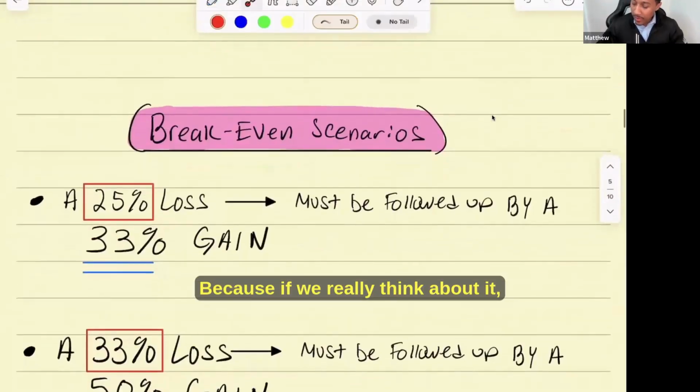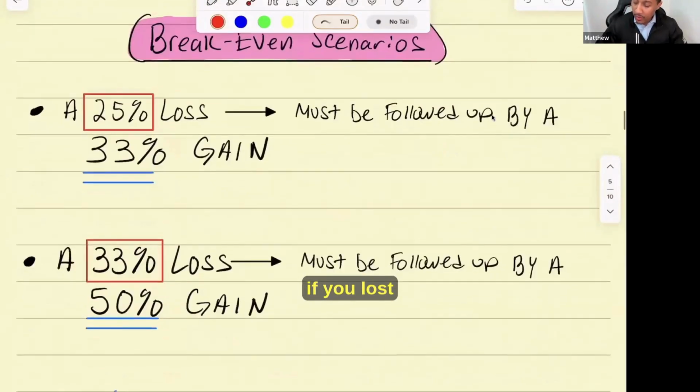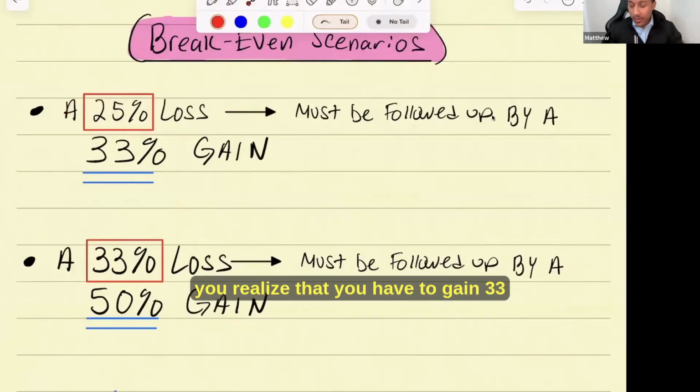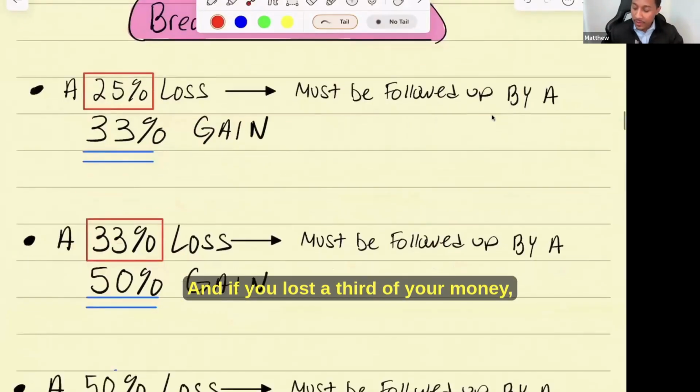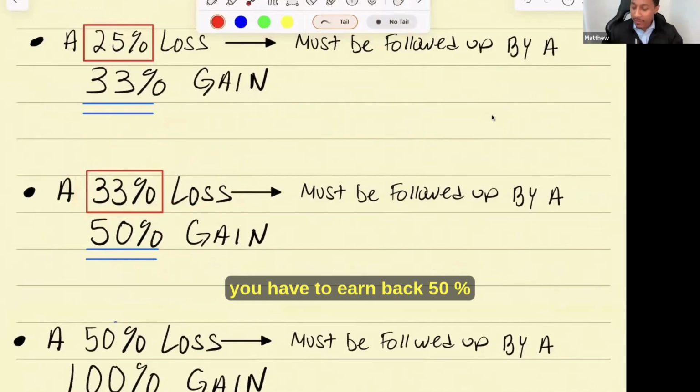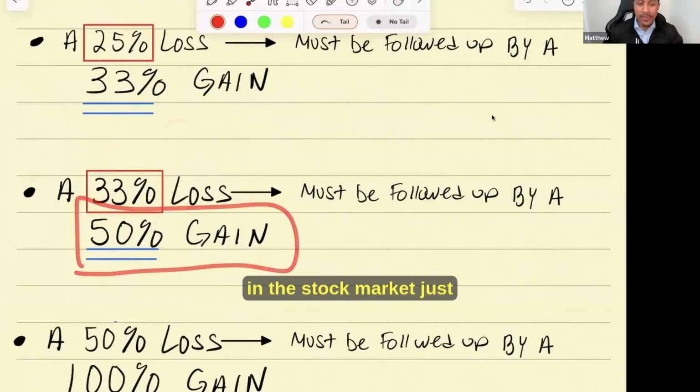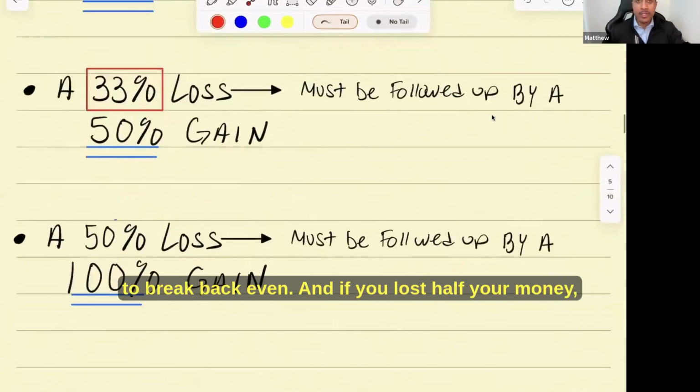Because if we really think about it, if you lost 25% in the market, do you realize that you have to gain 33% just to break back even? And if you lost a third of your money, you have to earn back 50% in the stock market to break back even.